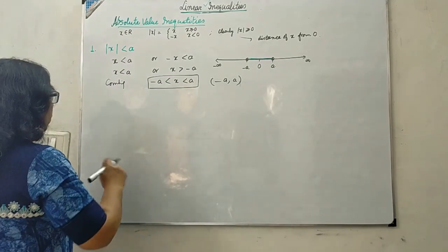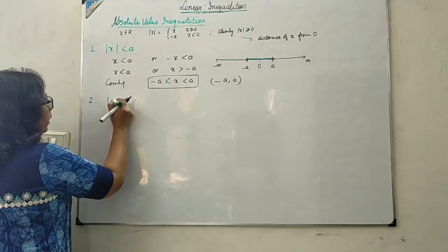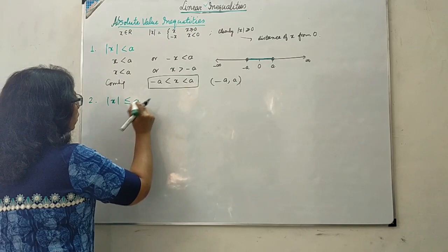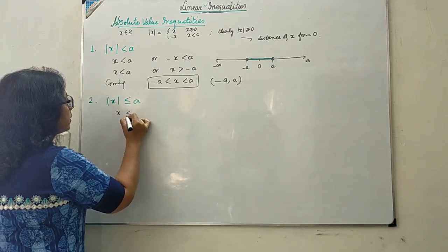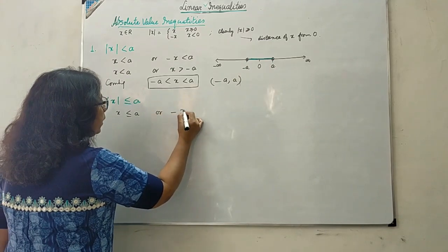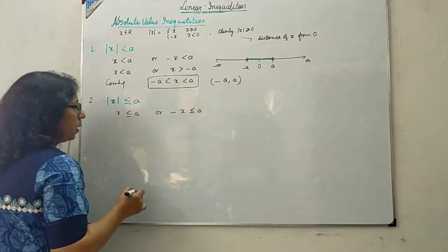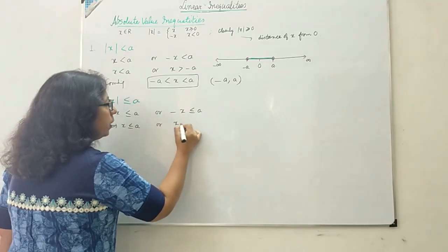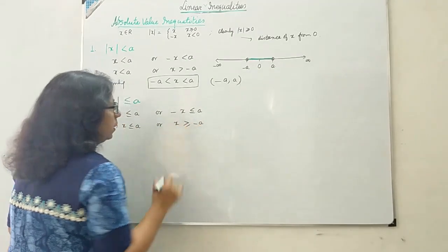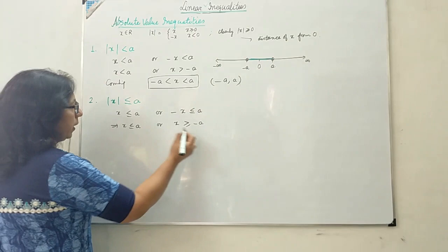Now for the second inequality, if I take modulus x less than or equal to a, again it consists of two inequalities: x less than or equal to a or minus x less than or equal to a. By solving you can see this is the same, but this will be converted into x greater than or equal to minus a.